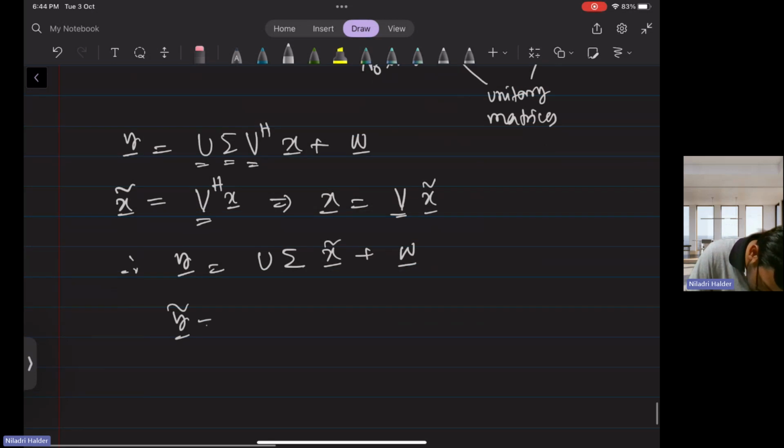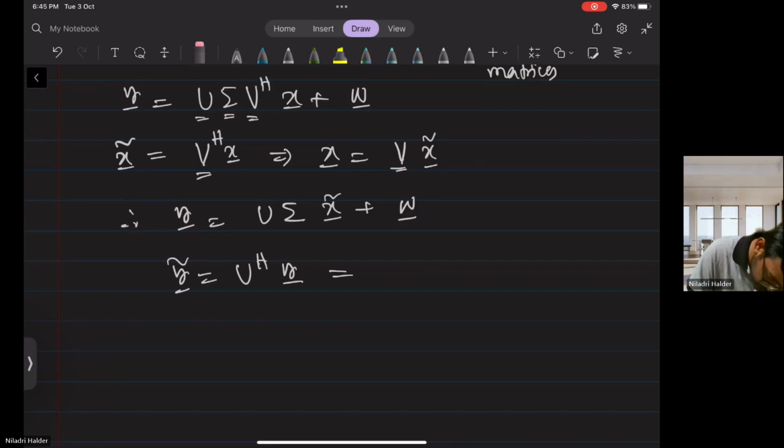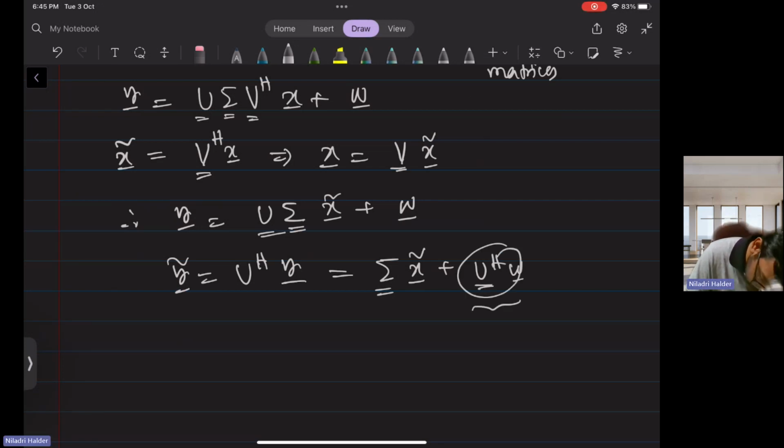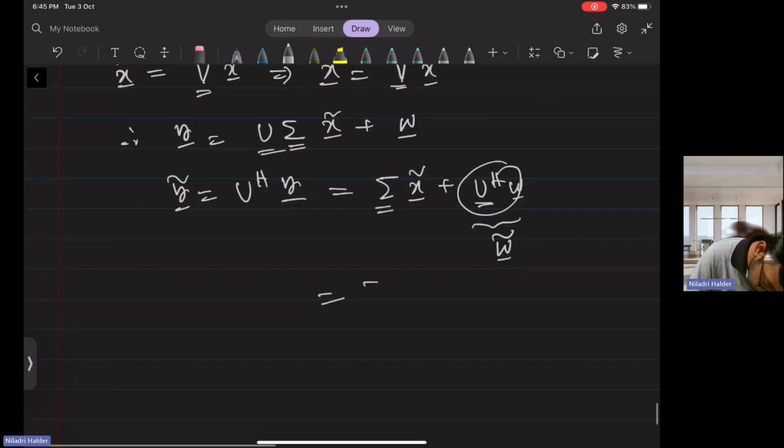Then y tilde is equal to we can multiply with U Hermitian, and this will not change the capacity because it's a unitary transform. That's why y tilde equals sigma x tilde plus w tilde.